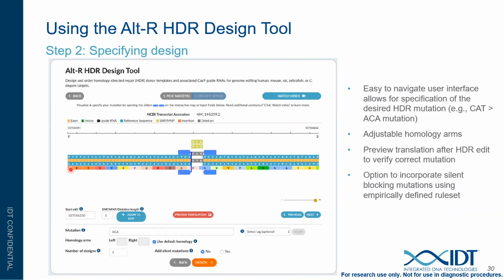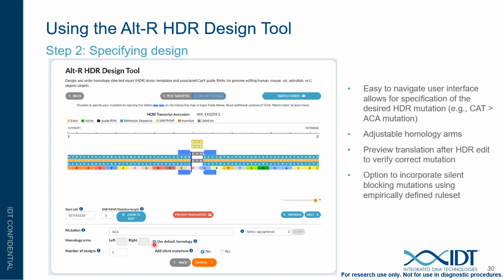From there, you can then specify your designs with these easy to use sliders. And so you can specify the region that you would like to either insert a sequence or introduce SNPs. So here in this example, we are generating a CAT mutation to an ACA.